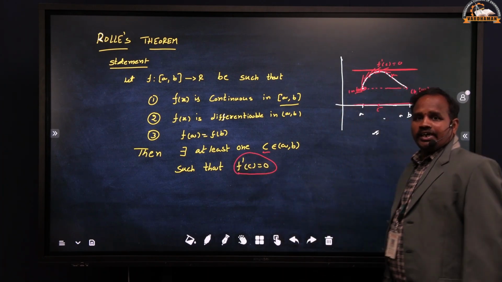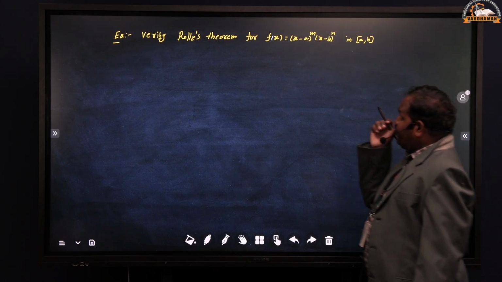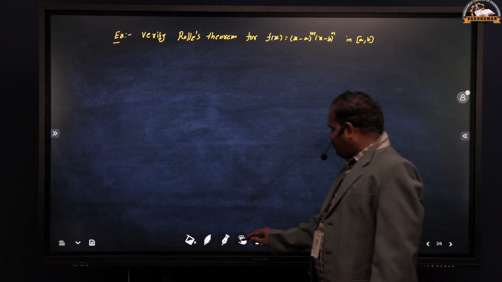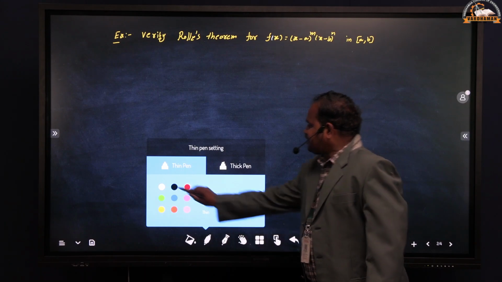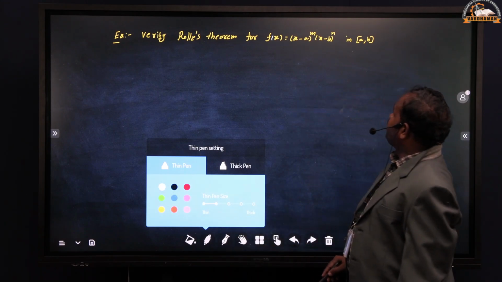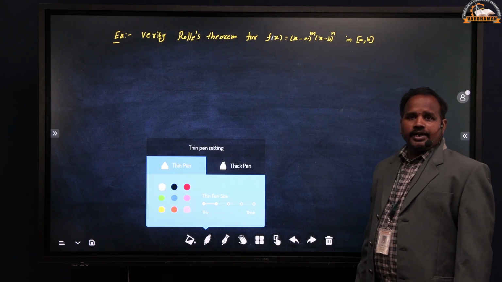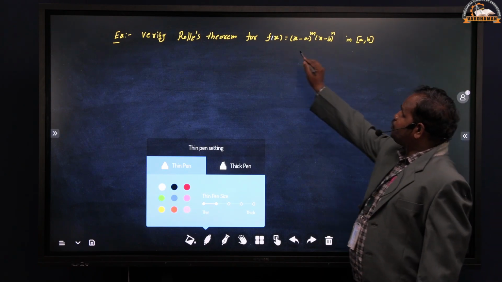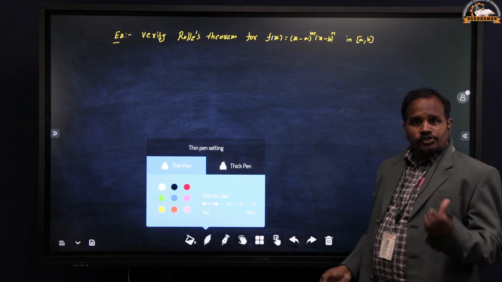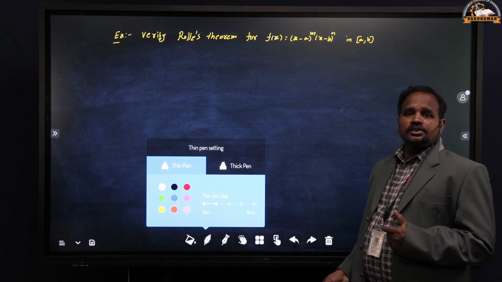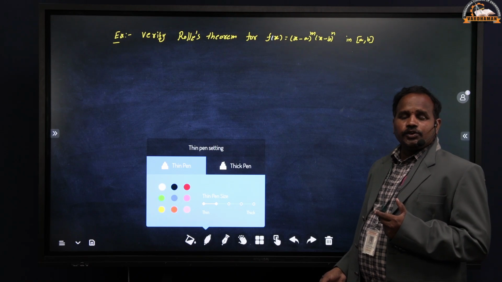Now we are going with one example. Verify Rolle's theorem for f(x) equal to (x minus a) to the power m into (x minus b) to the power n in the closed interval [a, b]. First we need to show that it is continuous, second that it is differentiable, third that f(a) is equal to f(b).